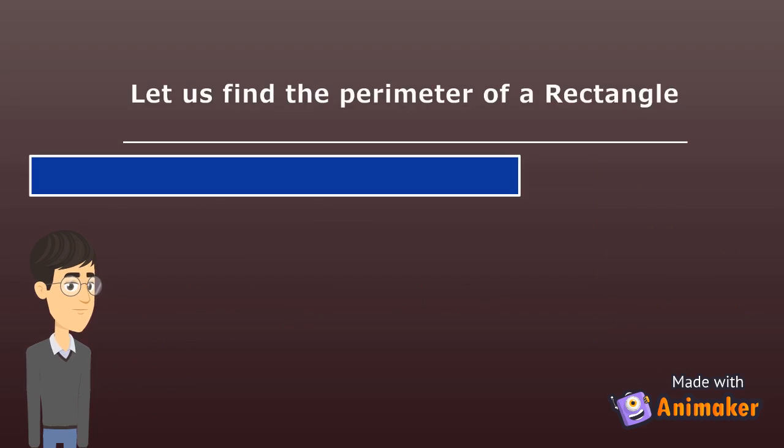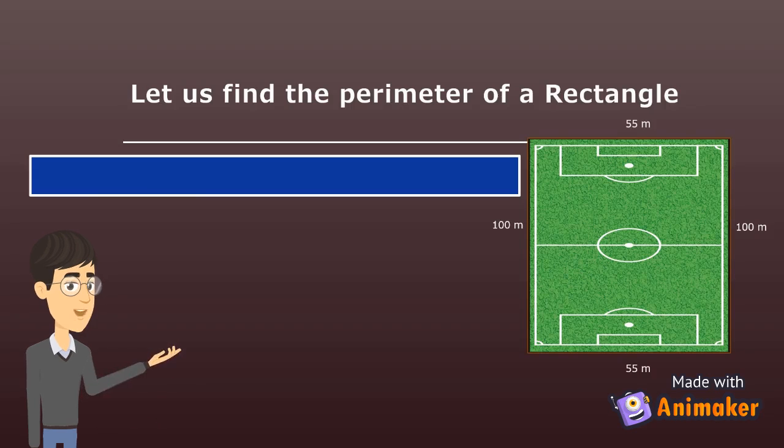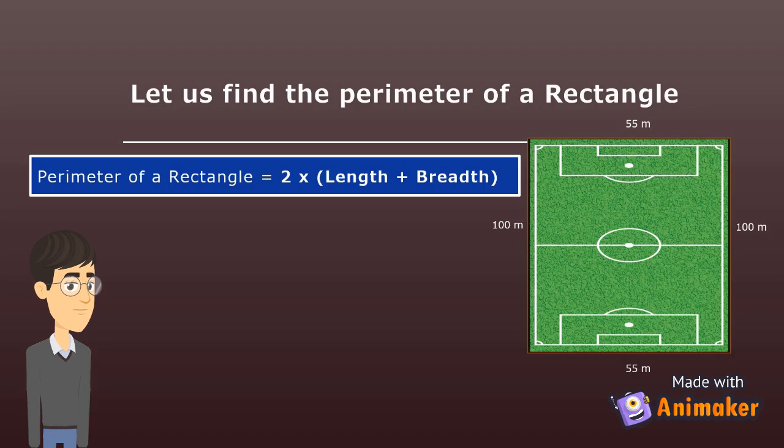Now let's take another example of a rectangle. Remember the football field that we had and the one that Rohan ran around? Well, we can write the perimeter of a rectangle is equal to 2 times the sum of length and breadth.